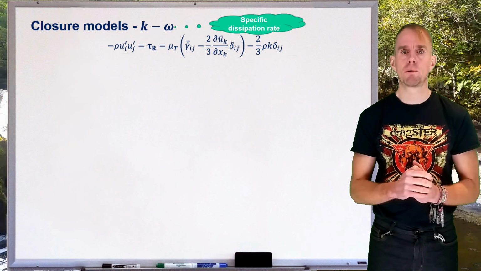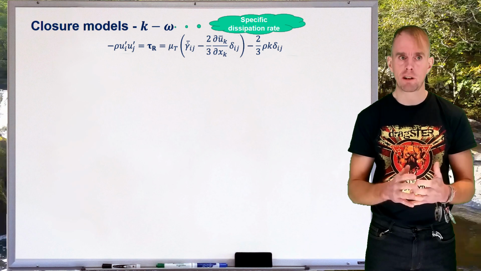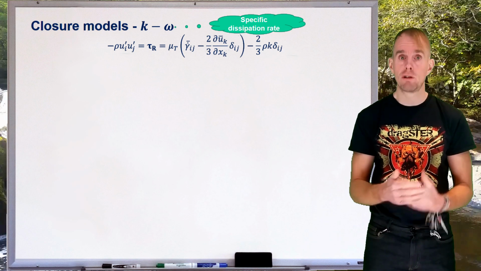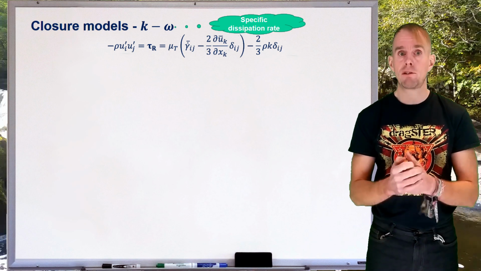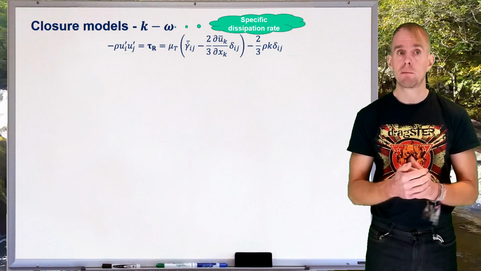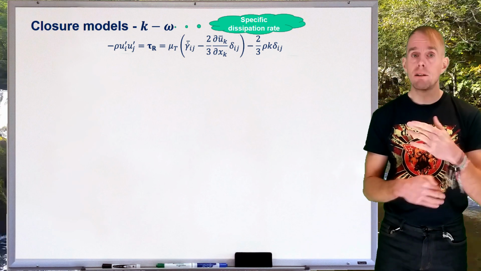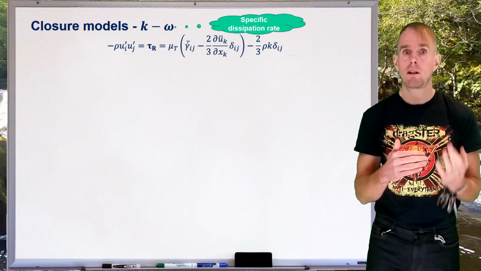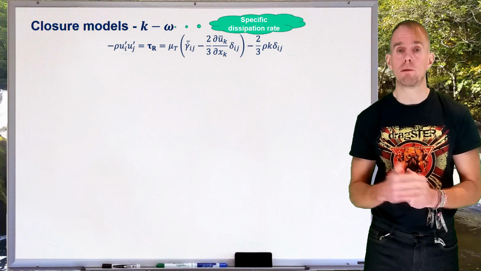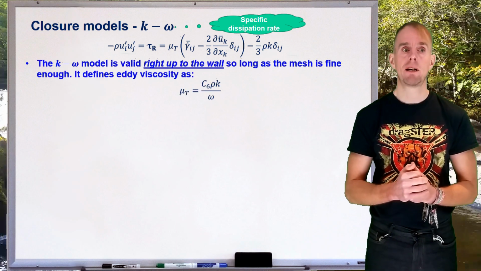I've put on the whiteboard there a statement of Reynolds stress again. That's our starting point. Remember, what we're trying to do with these closure models is evaluate eddy viscosity, mu t, and turbulent kinetic energy, k. And the first step that we took previously with k-epsilon was to define what mu t was equal to. So we're going to do the same here with k-omega.